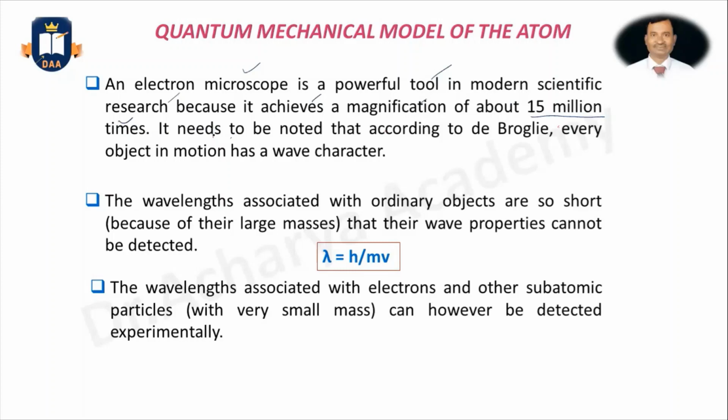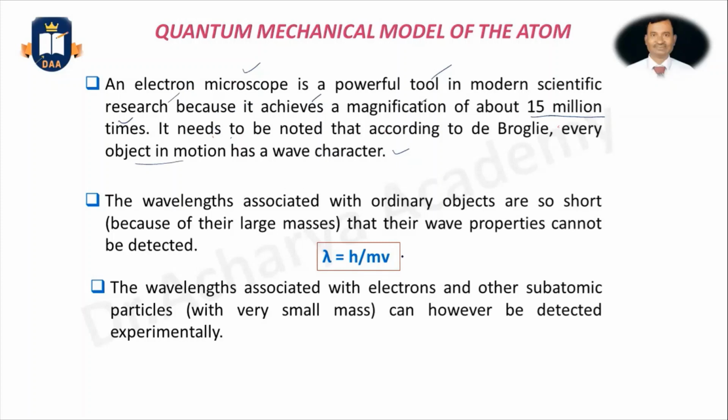That means if you want to see an object under the electron microscope, its size will increase 15 million times. And it needs to be noted that according to de Broglie, every object in motion has a wave character, and it is called the dual behavior of particles.